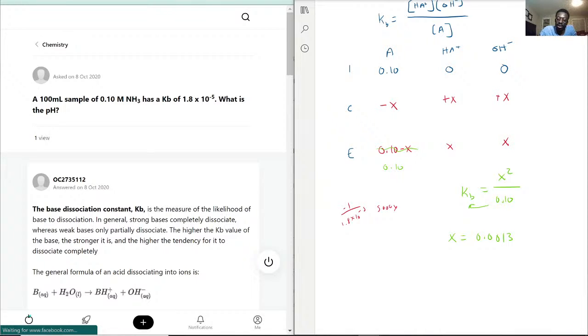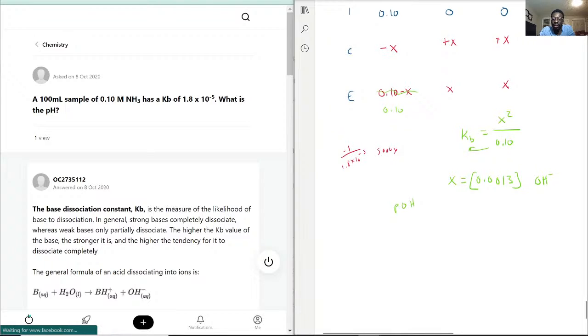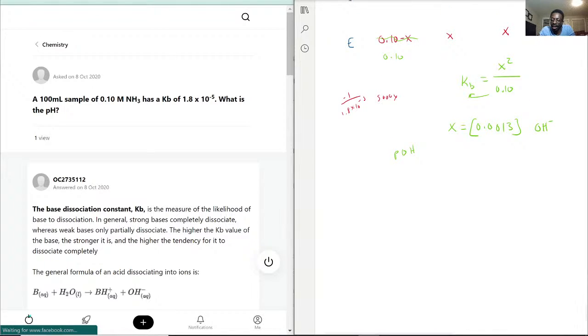So now we know how much HA plus was produced and also how much OH minus. So this is the concentration of OH minus. That's important because this allows us to calculate our pOH. But you're probably wondering, they say pH though. We'll get there, don't worry.